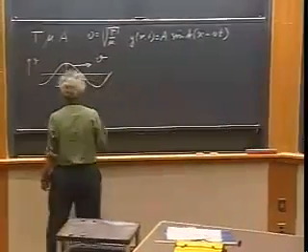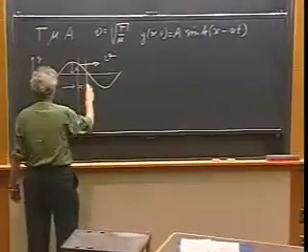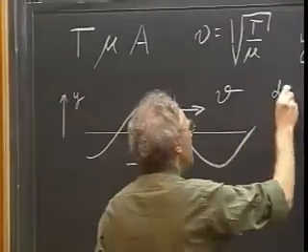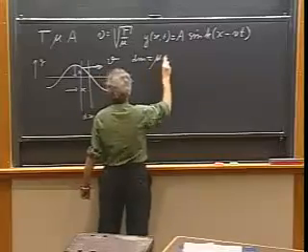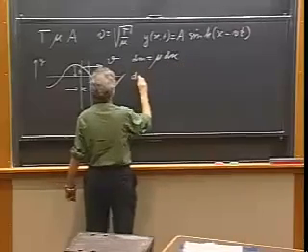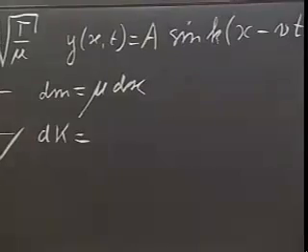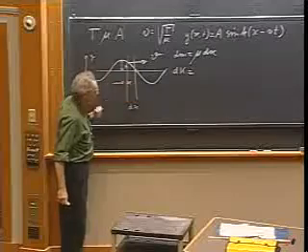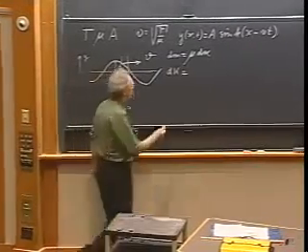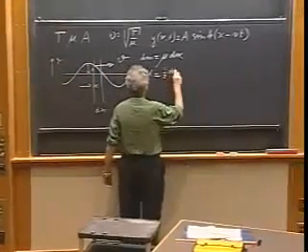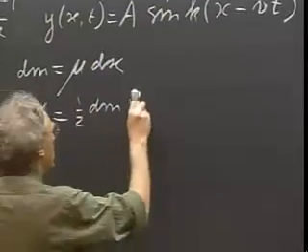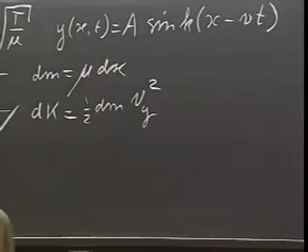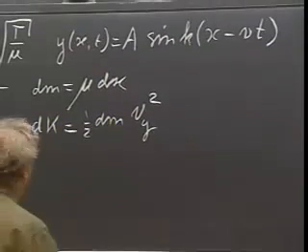I slice out here a section dx. And so the mass in that section, dm, is mu times dx. And so the little bit of kinetic energy, K stands for kinetic energy, in this small part is 1/2 times the mass, 1/2 m v squared, and v is the velocity in the y direction.